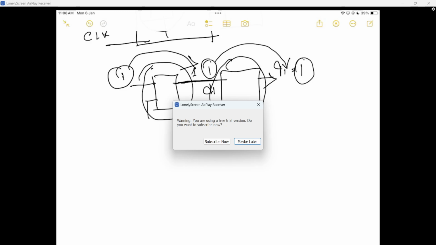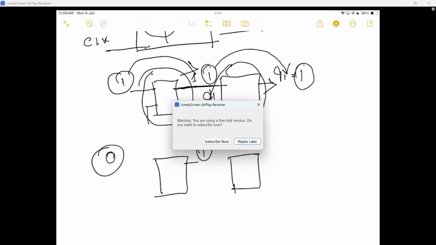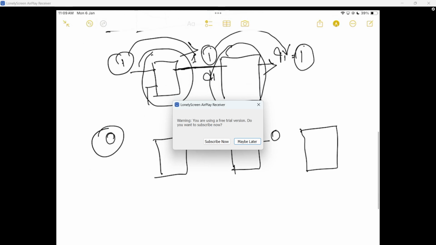So what's left? Only one bit left, that is 0. The rest of the bits are stored here: flip flop 2 stores 1, flip flop 1 stores 0, and another flip flop we had was connected to flip flop 0.